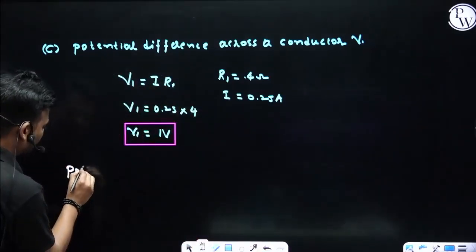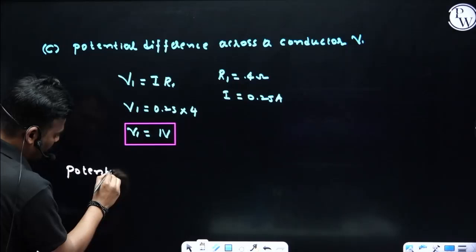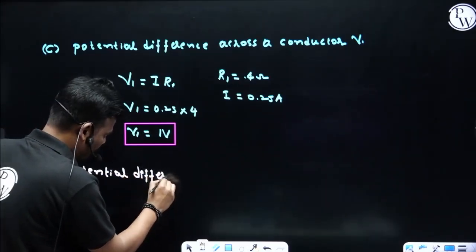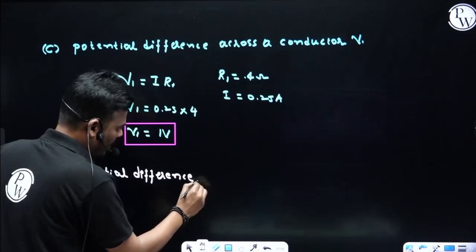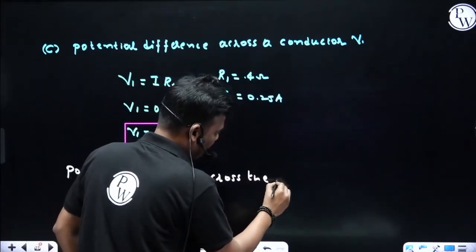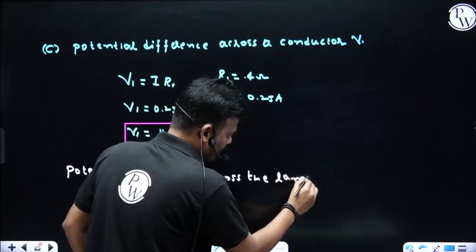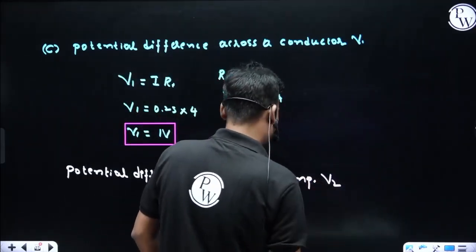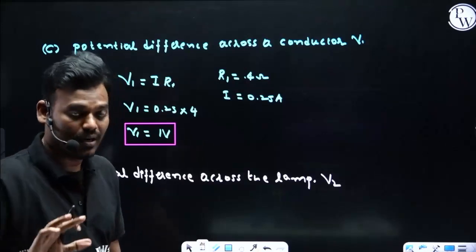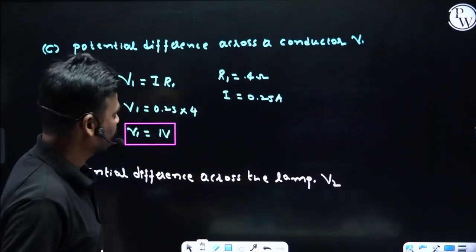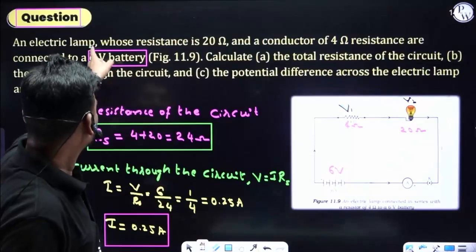Now, the next one, the potential difference across the lamp, V2. What is the resistance of the lamp?